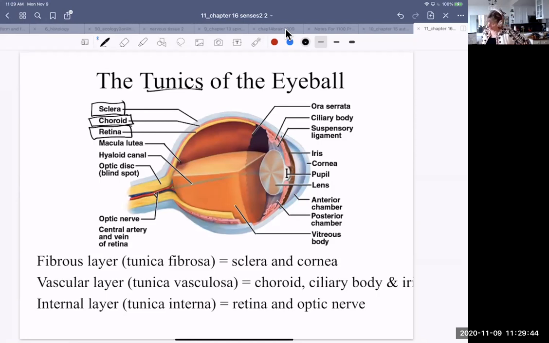So the sclera and the cornea make up what is known as the tunica fibrosa. The sclera and cornea are continuous. There's the cornea at the front. The eye is normally quite spherical in shape, but the cornea bulges out at the front.